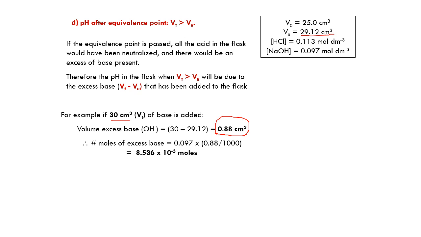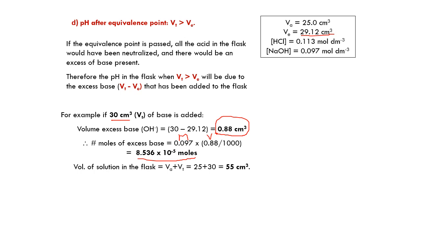We can determine the number of moles of excess base by doing concentration times volume in liters again. What do we need to do next? We need to figure out the concentration of excess base that is present.